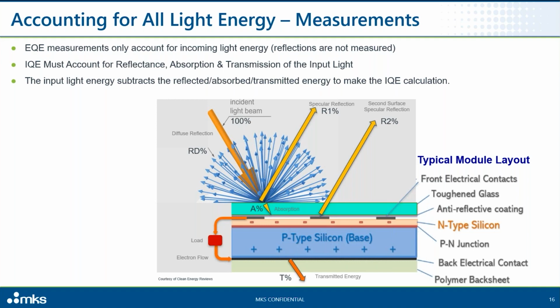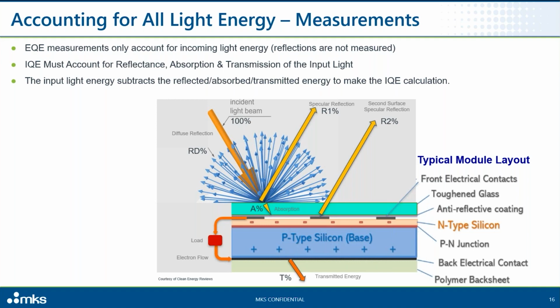There's also a component of diffuse reflection represented by the small little blue lines and vectors coming off of that. If there is an air gap between the glass and your cell, and in this case we show it's a reflective coating, there's still a loss there, and there will be a secondary reflection, which we show as R2.